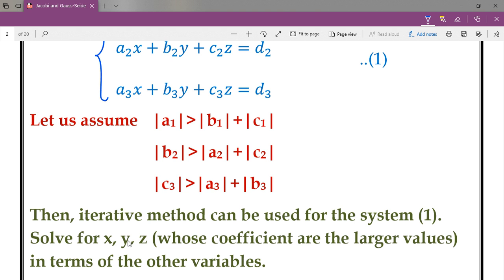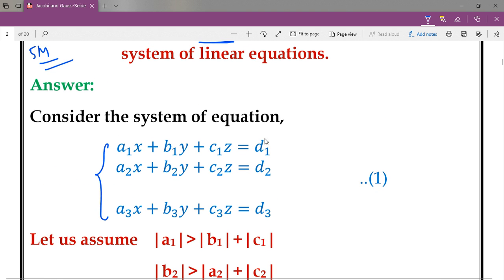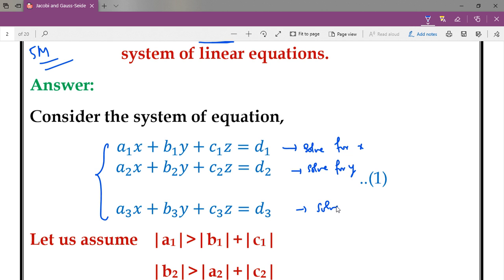For that we are going to solve for x, y, z. I solve the first equation for x, the second equation for y, and the third equation for z.